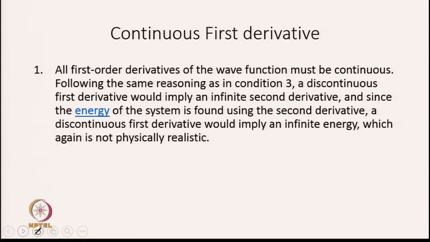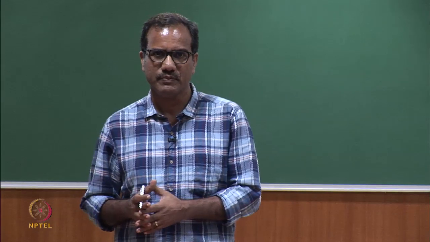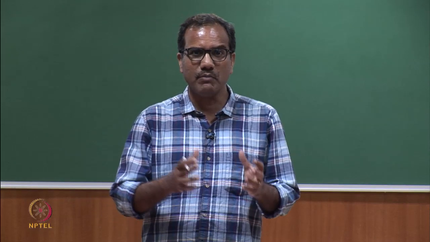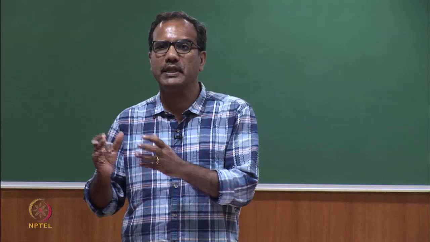A discontinuous first derivative implies an infinite second derivative, which will imply the energy of the system being infinite, which again is not physically realistic. So, the wave function must be continuous, and its first derivative also should be continuous.